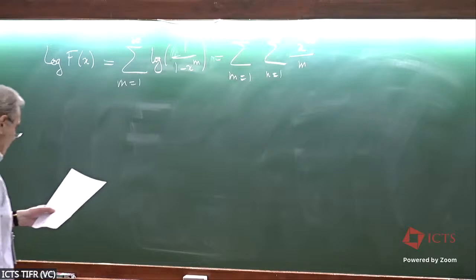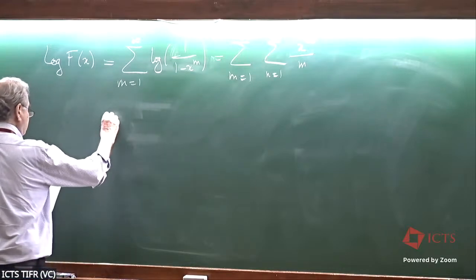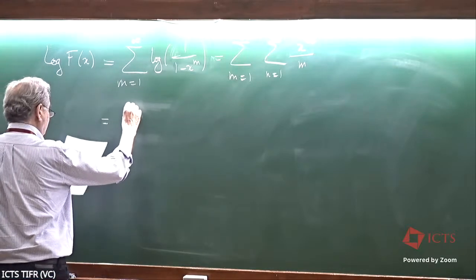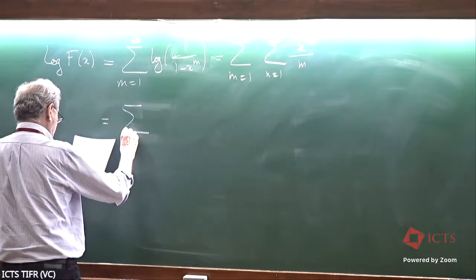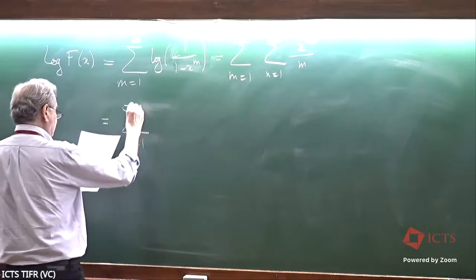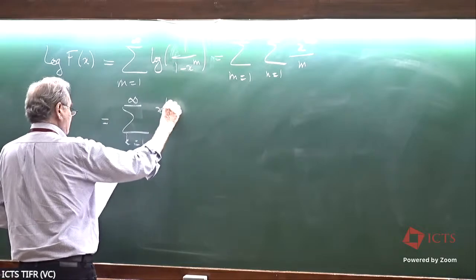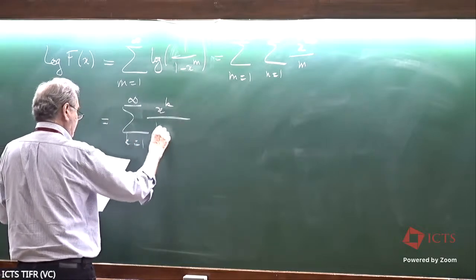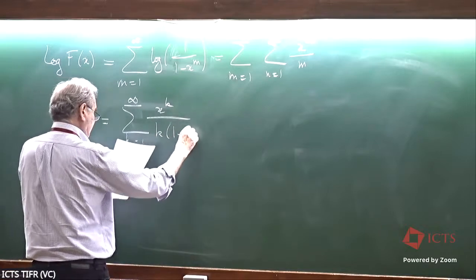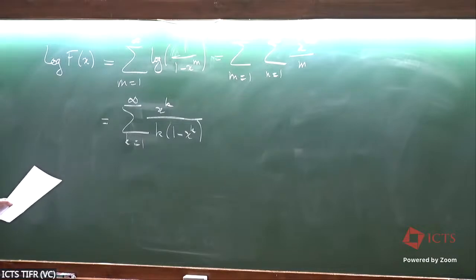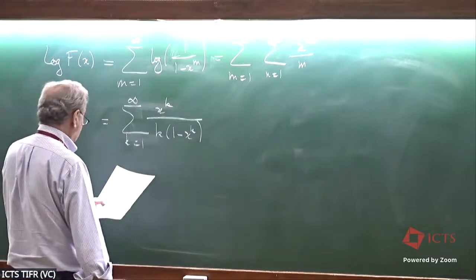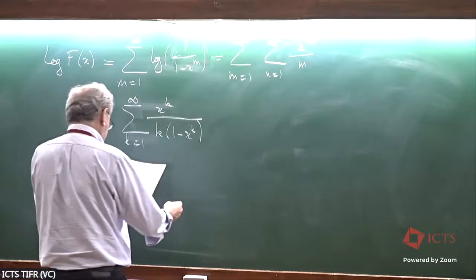And if I regroup the terms, slightly differently, it is the sum over k equal to 1 to infinity of x^k divided by k times (1 minus x^k). It's somewhat different from what Canan was writing, but all that is correct.